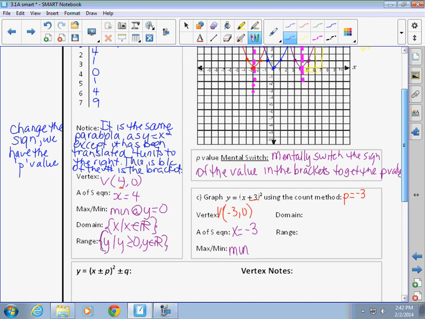The lowest value on there is at y is equal to 0. Domain: any real number we want to use. The range is anything greater than or equal to 0, and it's also a real number.